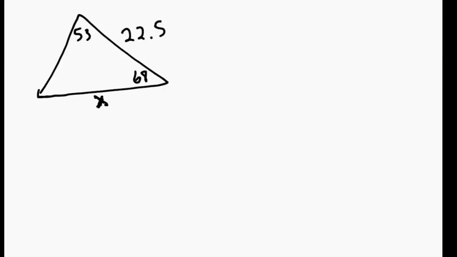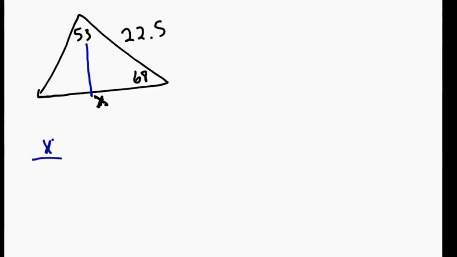So the question is, can we use the sine law to solve this? The key thing you want to remember for the sine law is it has to be a side and an angle across from it. We've got our angle of 53 and our x across from it, so that's good. Because we're looking for a side this time, let's write it in the other version, so we'll put the side on the top.